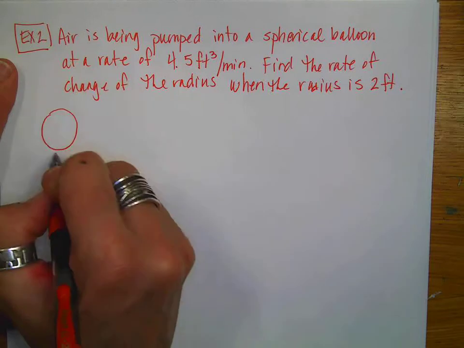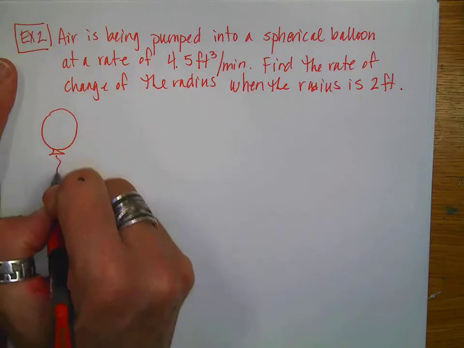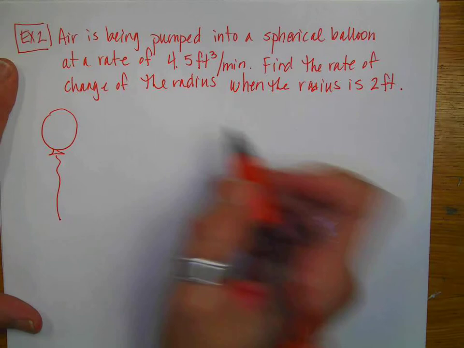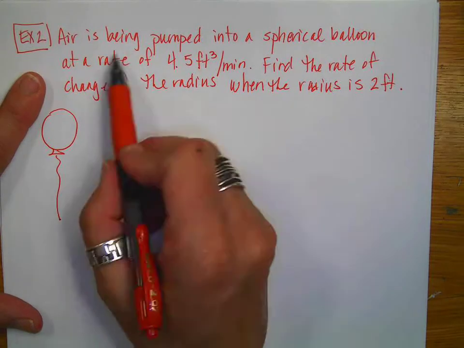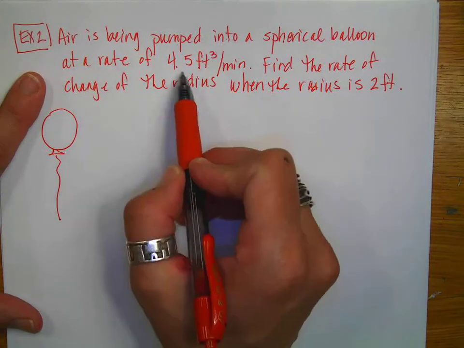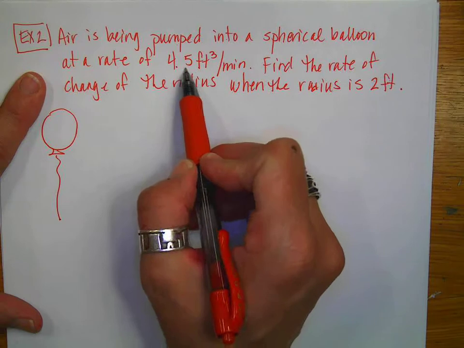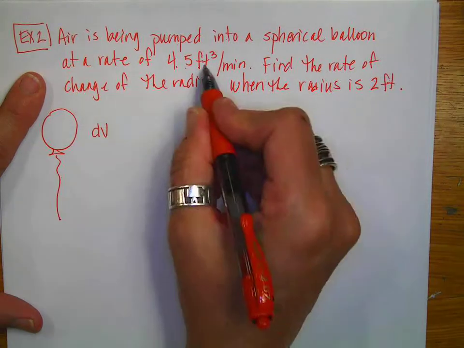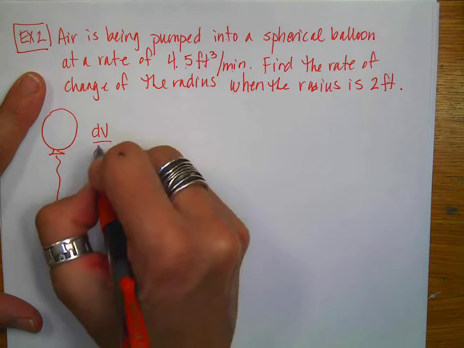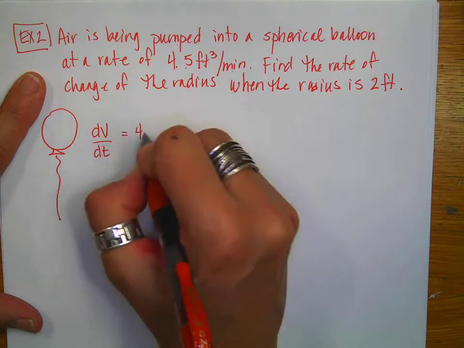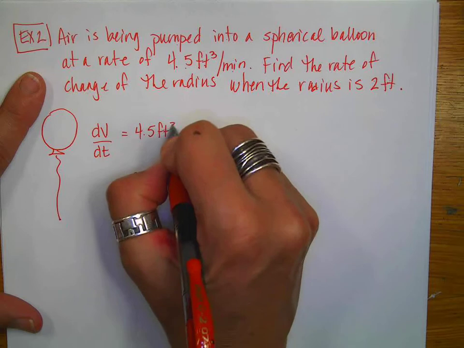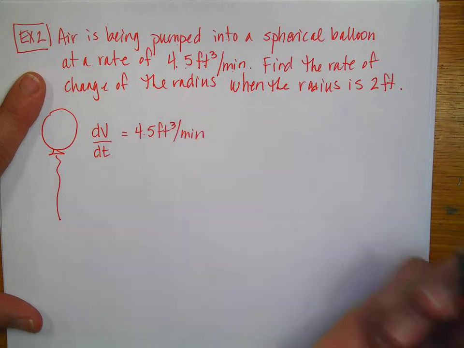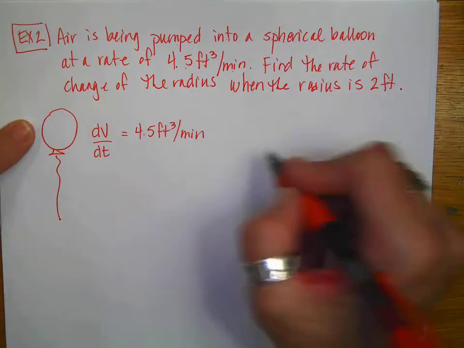So again, I'm going to start by drawing a picture. Here's my cool picture. Here's my little balloon. Here's a string. I know that it says air is being pumped into, so that means this is positive, and it means that it's a rate, so it's a volume, cubic feet per minute, dV dt is equal to 4.5 cubic feet per minute.